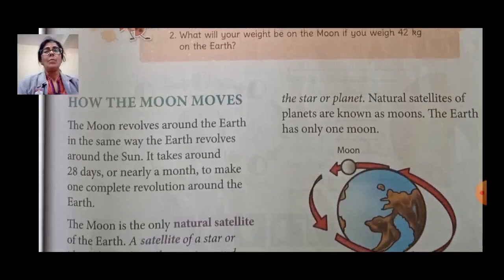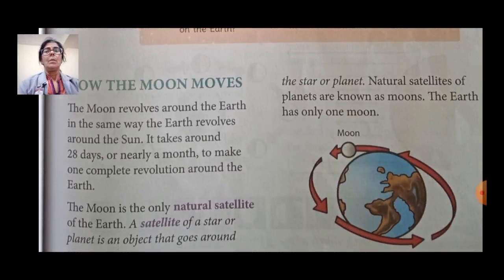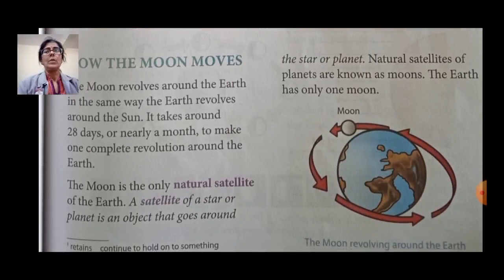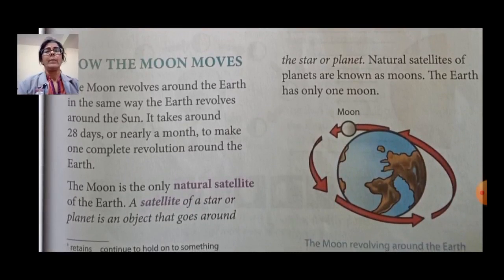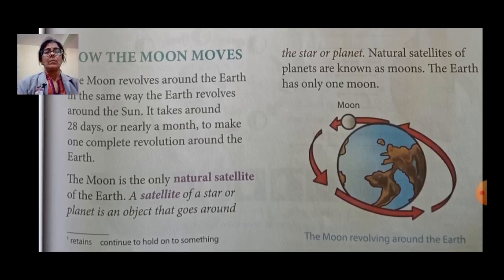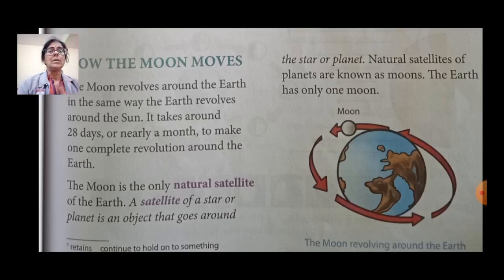How does the moon move? The moon revolves around the earth in the same way the earth revolves around the sun. मतलब जैसे अर्थ सन के आसपास रिवॉल्व करता है, the same way moon revolves around the earth. मून कहाँ पे रिवॉल्व करता है? अर्थ के आजू बाजू.